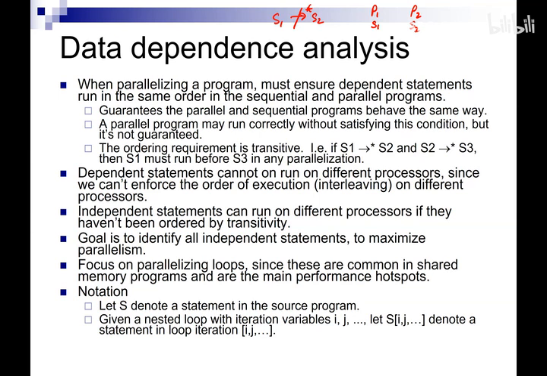Then we're going to write this notation, S[i,j], to denote the execution of statement S in the iteration i, j. However many iteration variables you have, we're going to write S and then list out the iteration variables, and that denotes the execution of the statement S in some particular iteration.